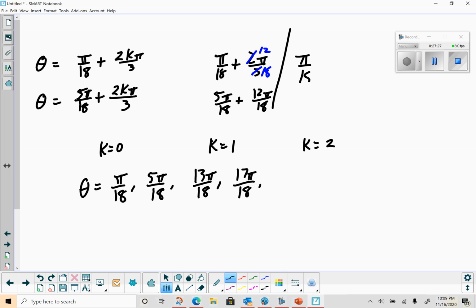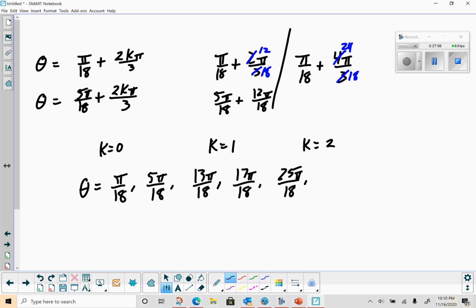So this is going to be pi over 18 plus, well, 2 times 2, that'll be 4 pi over 3. Common denominators again. So 1 pi over 18 plus 24 pi over 18 will be 25 pi over 18, which then should have you scratching your head here.